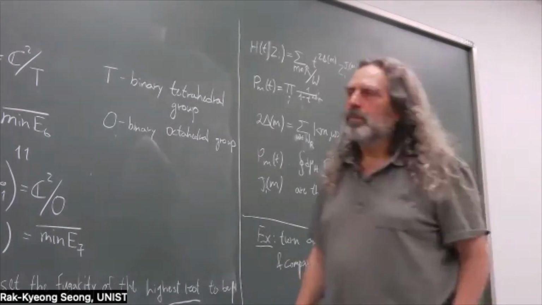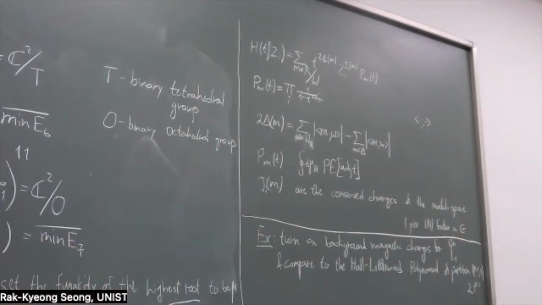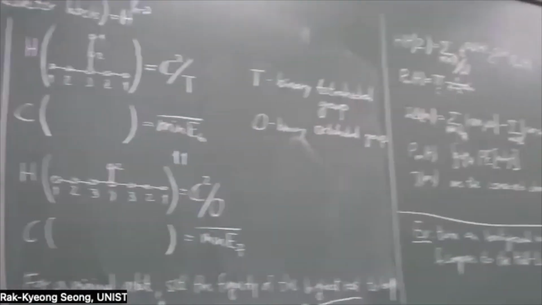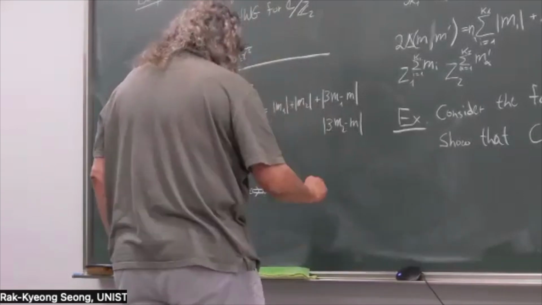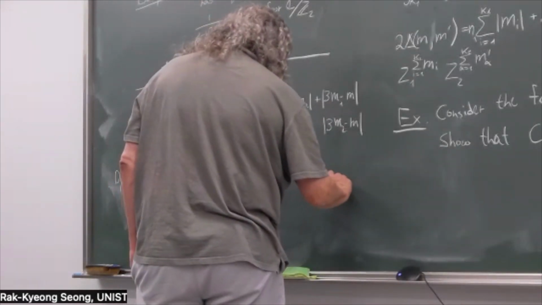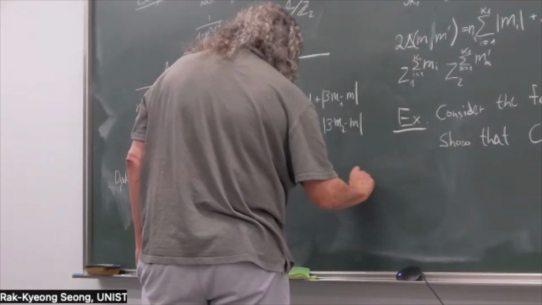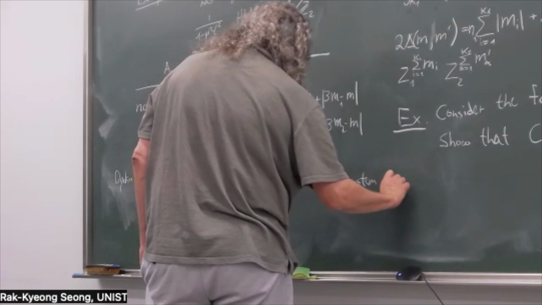So this guy will have a length which is shorter than this guy. So let's write down the root system of type B.